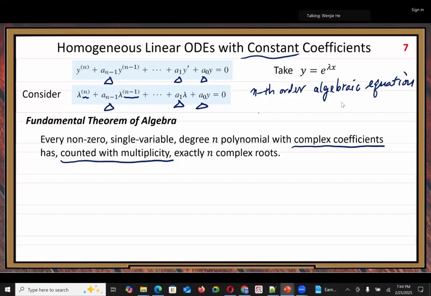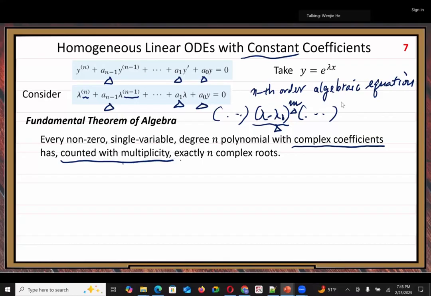If you have a factor lambda minus lambda 0 to the power m, although you have other factors, one of the roots is repeated m times. We call this m the multiplicity of the root lambda 0.